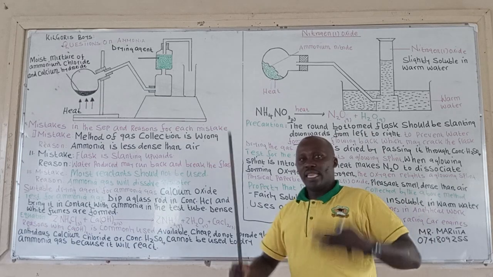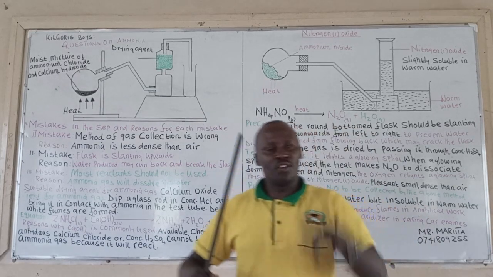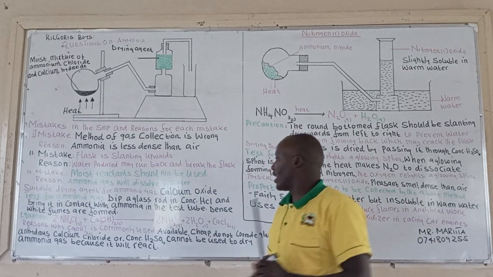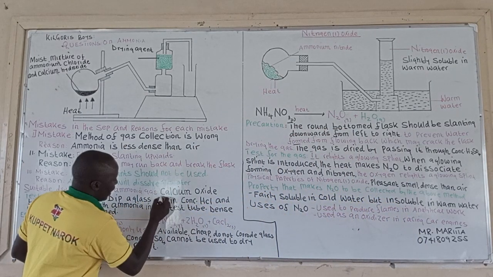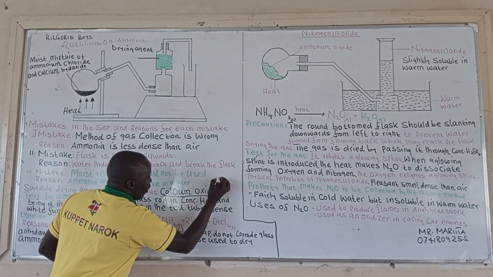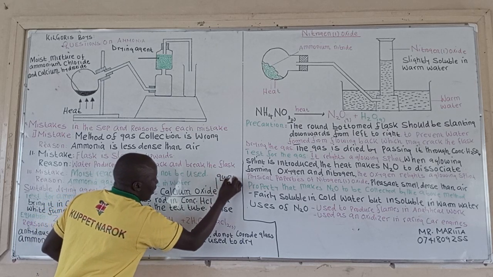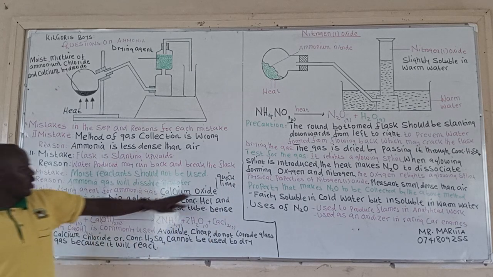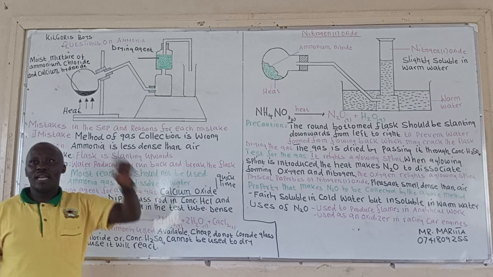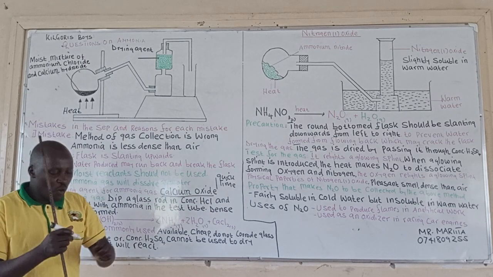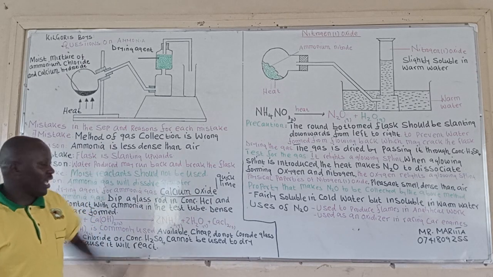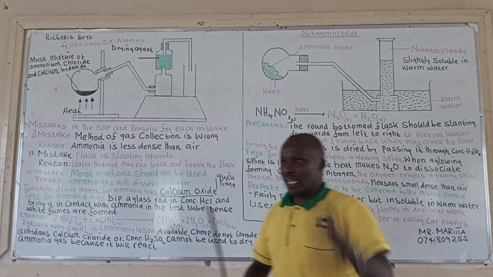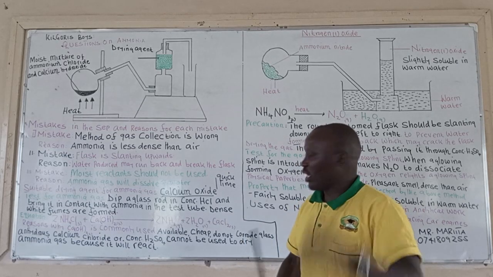In this case, the only suitable drying agent for ammonia gas is calcium oxide, also called quicklime. This is the most suitable drying agent for ammonia gas. Once the gas has been dried using this reagent, it can be collected by the upward delivery method.